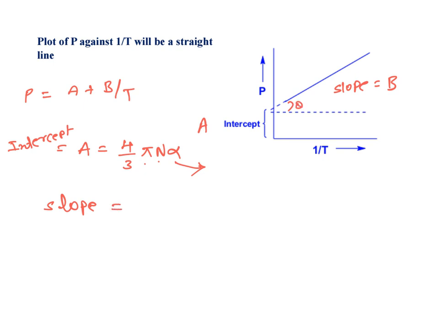We get slope equal to B equal to 4 by 3 pi n mu square by 3k, and here pi n, Boltzmann constant, all are constant standard values, we substitute and we get the dipole moment from this equation.